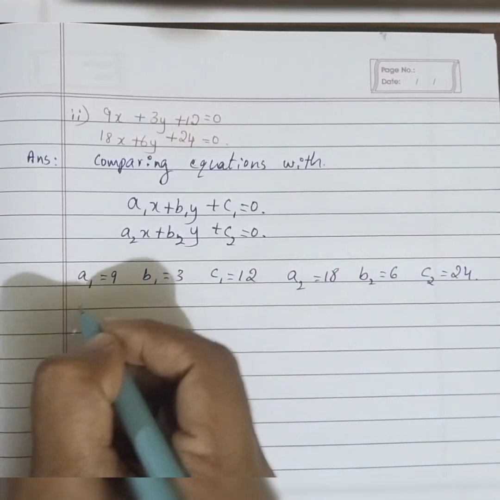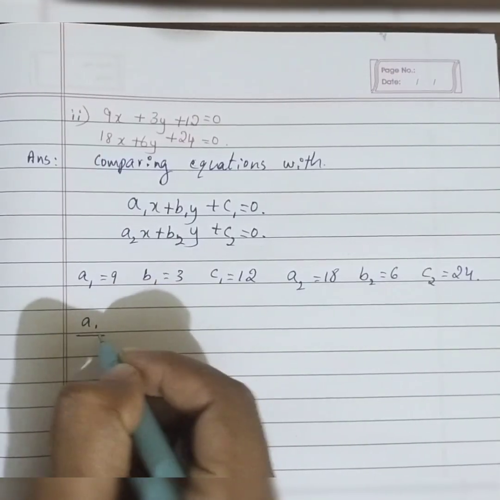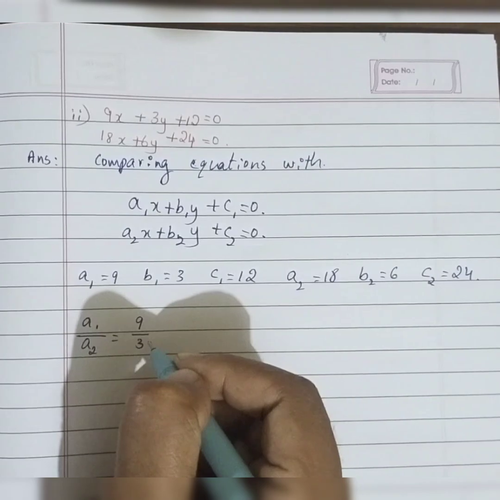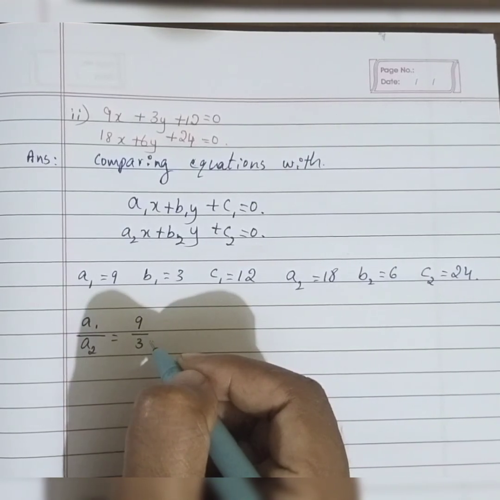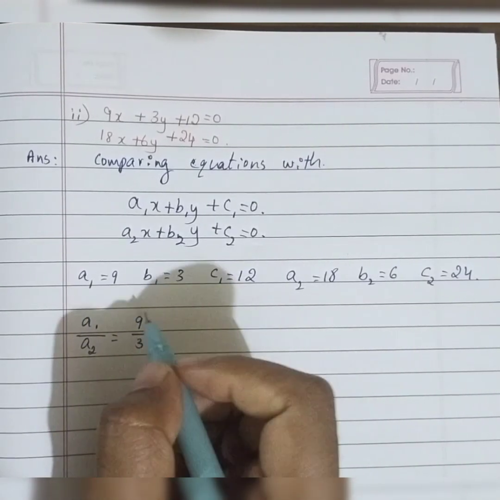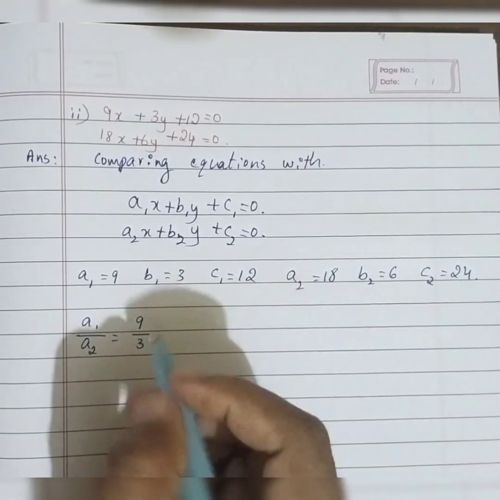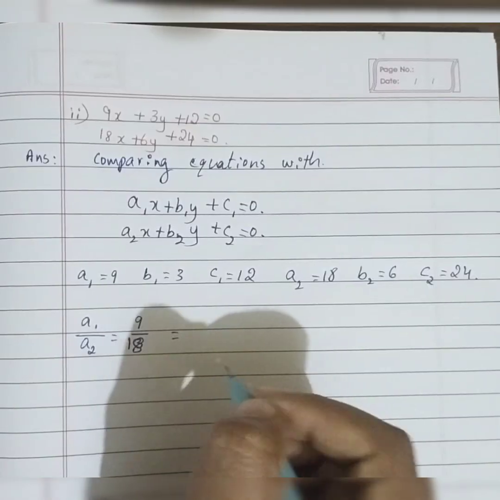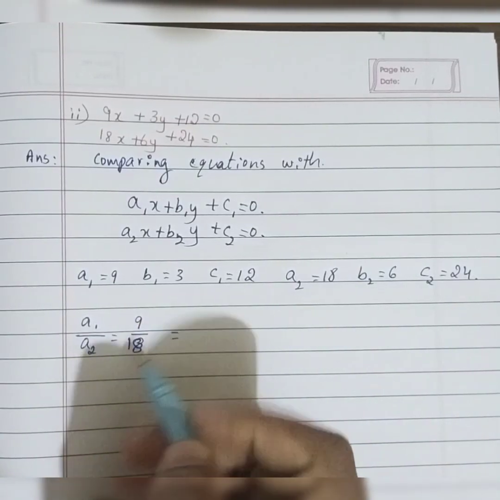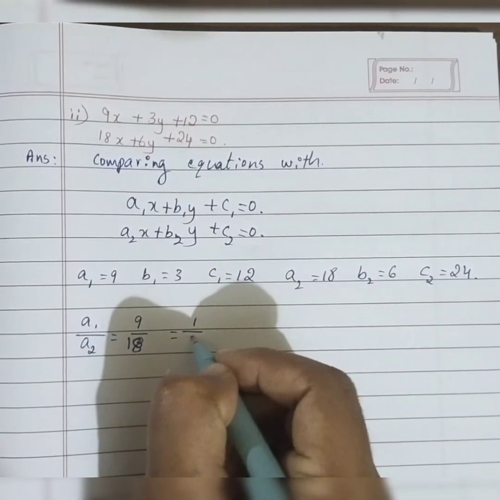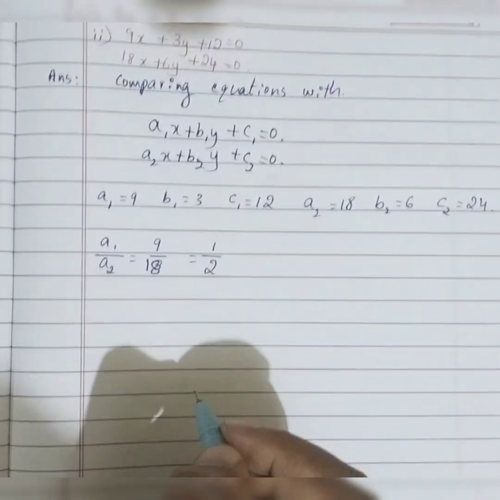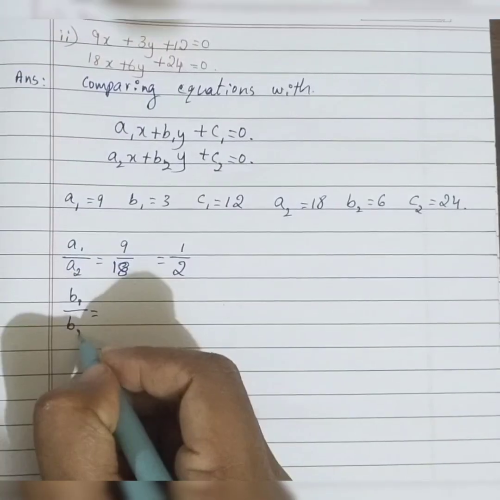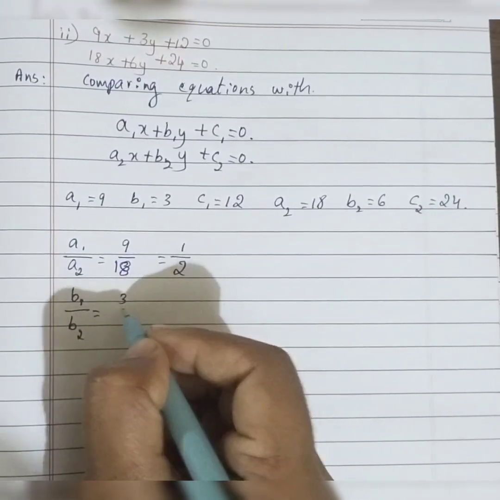Now we write it in the form of a1 divided by a2, that is 9 divided by 18. After simplifying this, we will get 1 by 2. After this, b1 divided by b2, that is 3 divided by 6.